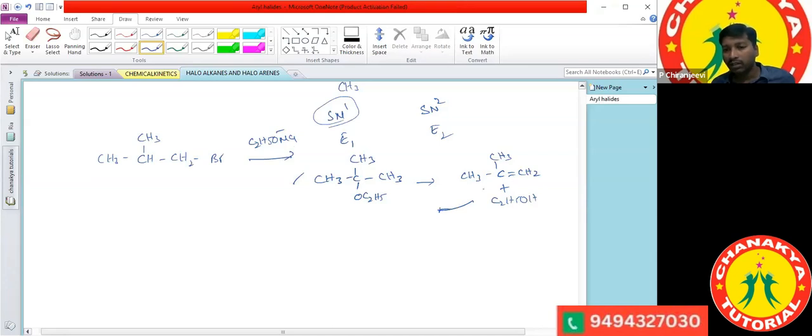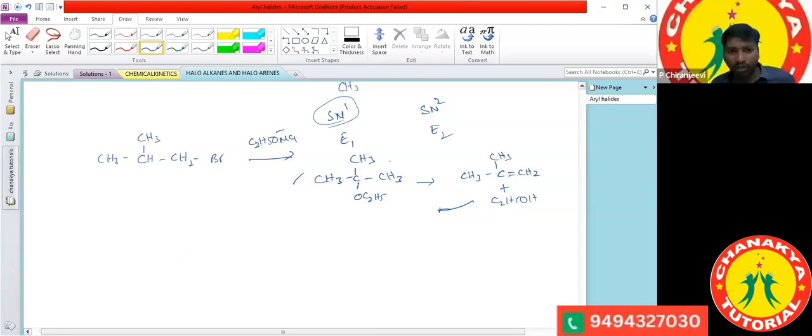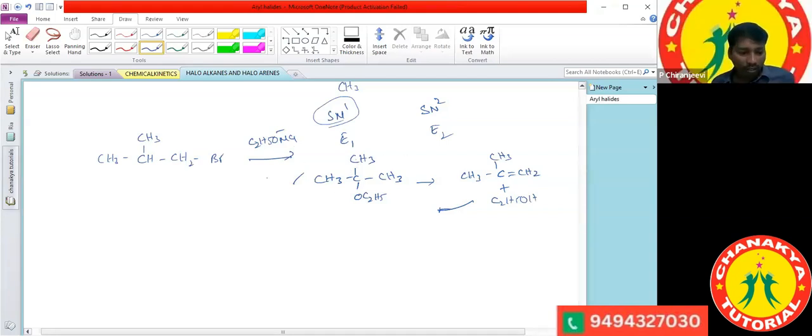Alkene. Sir, it's given that the first reaction goes through SN2. Nucleophilic substitution, ma. The answer is given as SN2. So I got confused here. No, actually it is SN2 only because of the alkyl halide. Check what the given alkyl halide is.